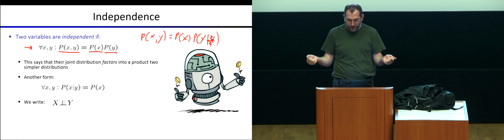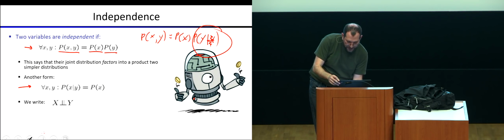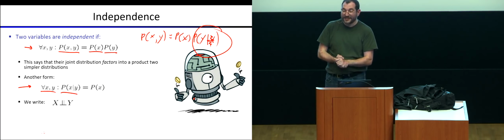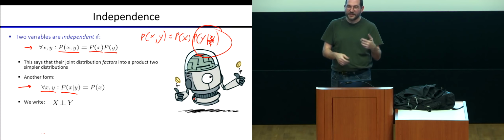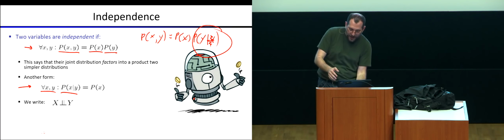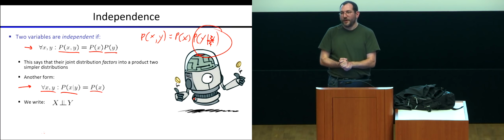Here's another way you can write that. If it's true that the joint distribution factors into the product of the marginals, it's going to be true that for all x and y, the conditional probability of x given y, that is how likely x is to take a certain value given a value of y, is the same as its marginal probability.